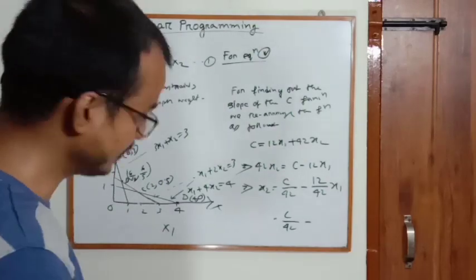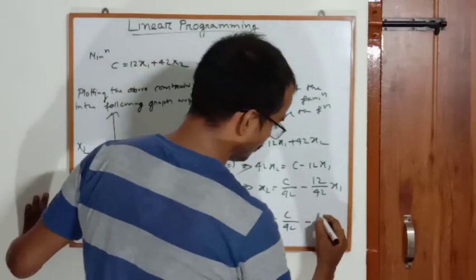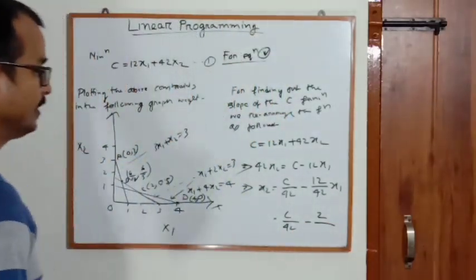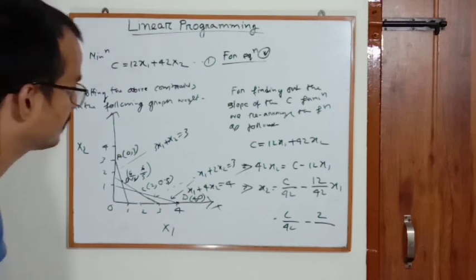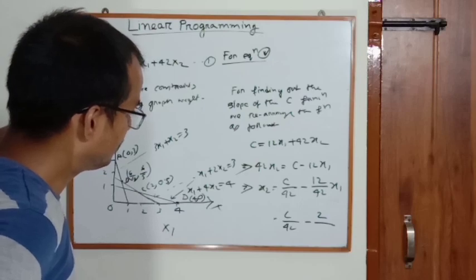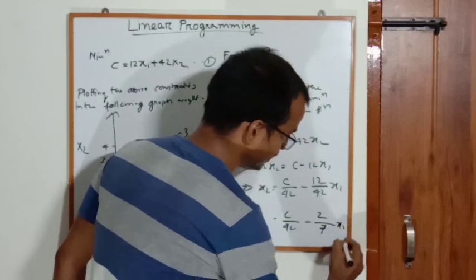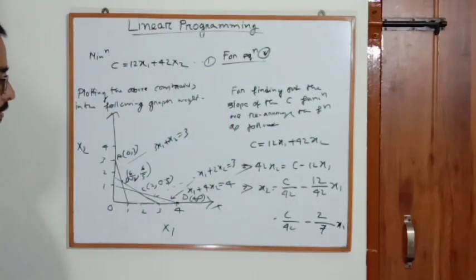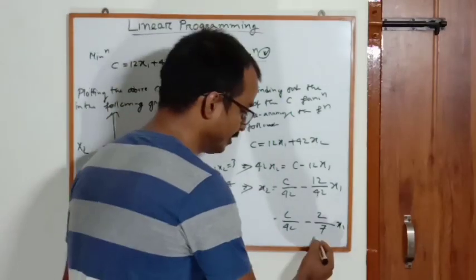Dividing by 6, we get 2 and 7, so minus 2 by 7 x1. Now this is the slope, this is the intercept.